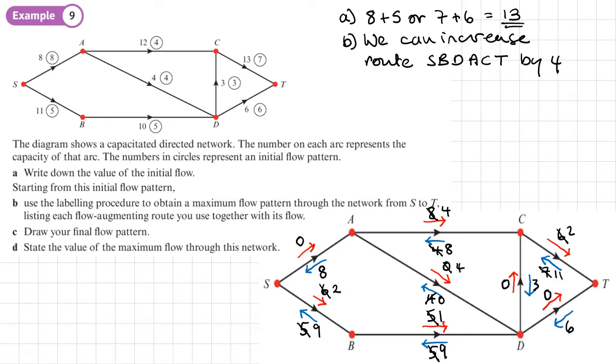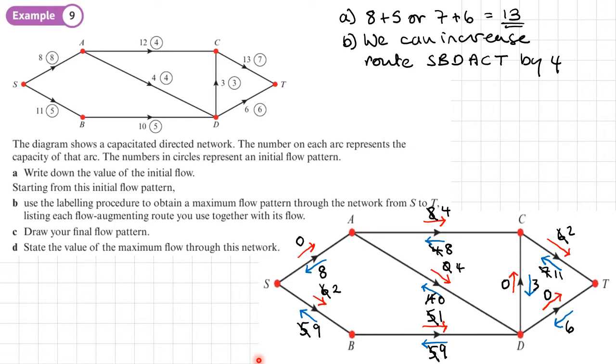Now we'll look again to see if we can find any routes to augment. SA routes, no, that's not going to work because that's saturated. We already know that if we go SBD either to C or T, they're saturated, so we can't increase. And then we can't go backwards along this route here, D to A, because in a way this is sort of saturated, like backward saturated.